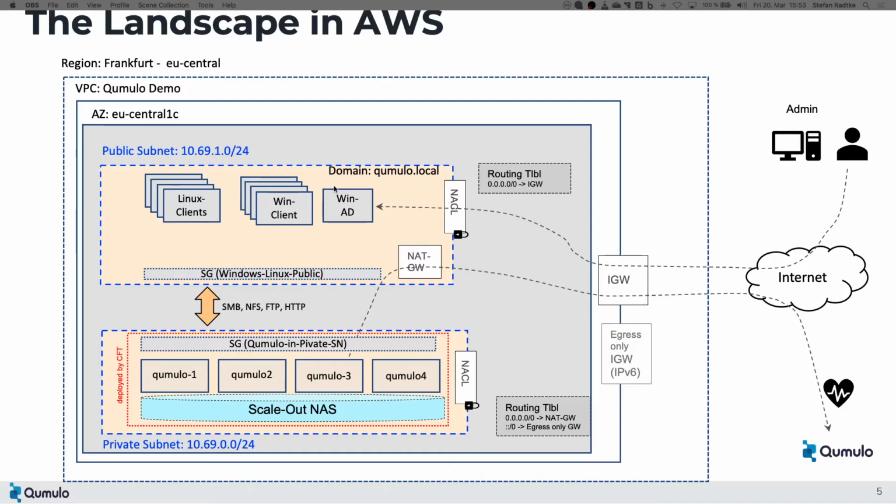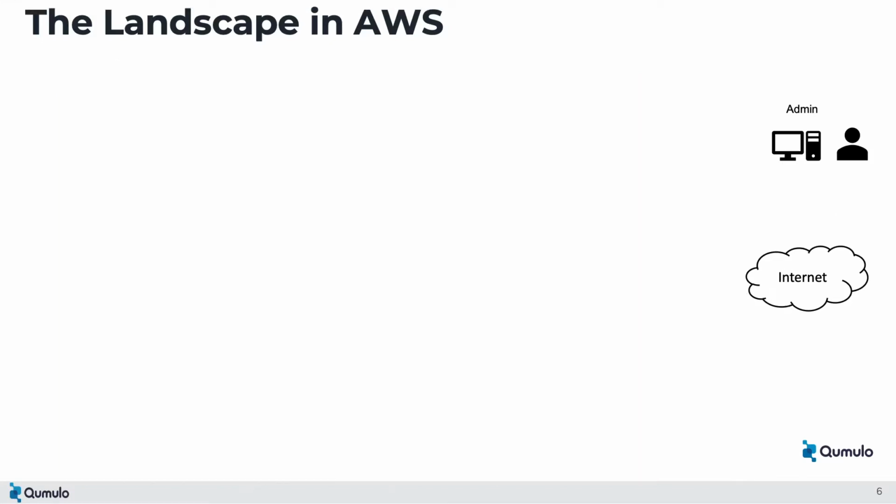We will go step by step and look quickly at each individual component that's listed here in the picture. Everything that's within the red dotted line here is the Qumulo cluster, and that will be deployed by the CloudFormation template. Let's go and look how that looks like step by step.